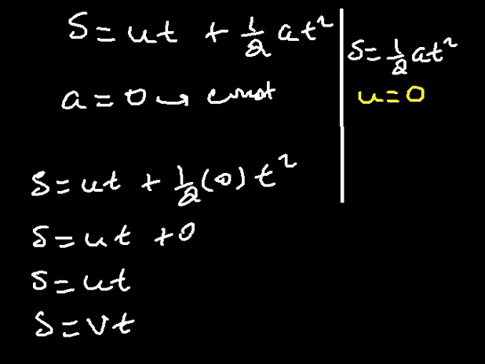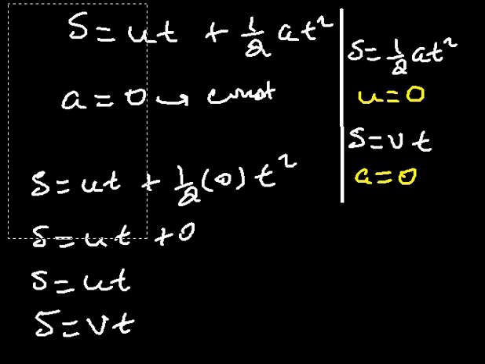Hence, we commonly use the displacement formula expressed as this, where v corresponds to the constant speed with which the object is moving. So displacement will be given as vt, where acceleration is 0 because the object is moving at a constant speed.